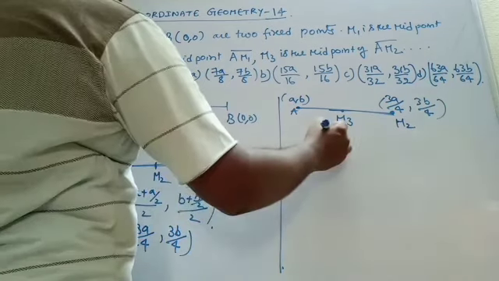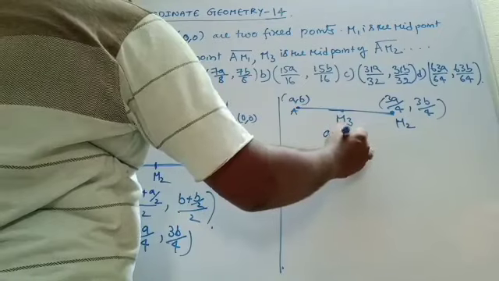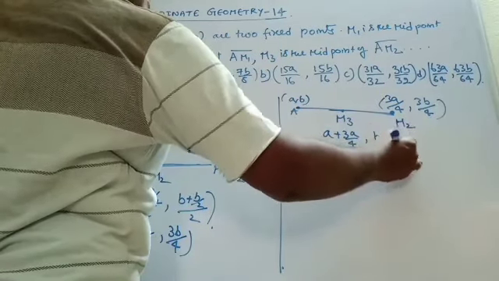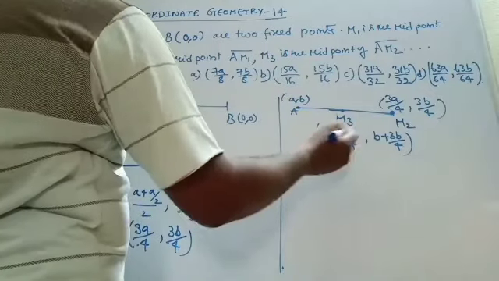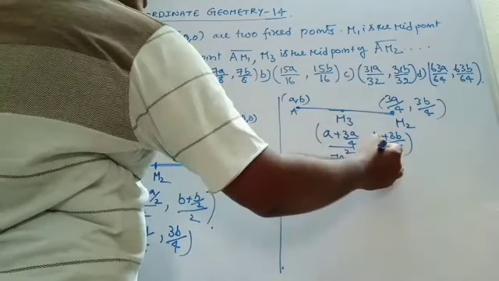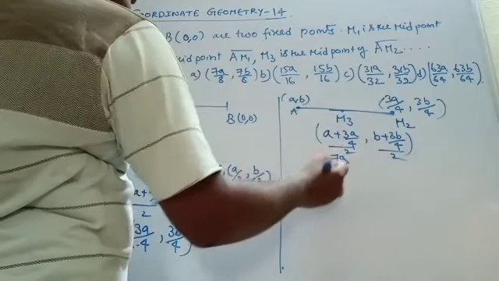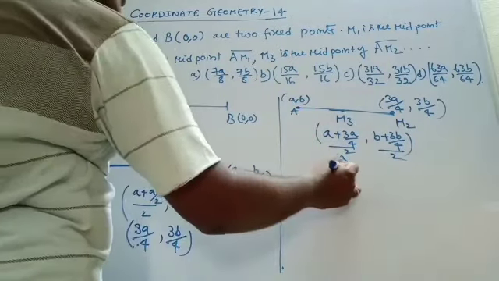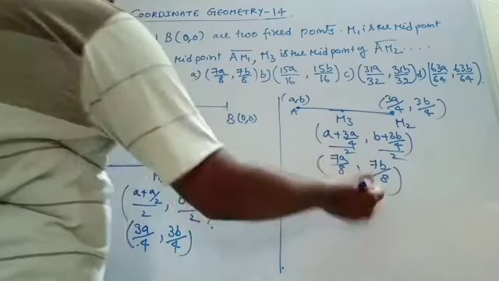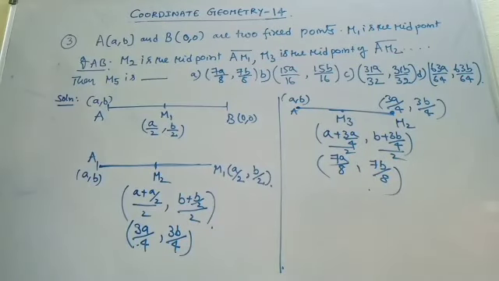Therefore M3 is (a plus 3a by 4, b plus 3b by 4) by 2. If you do that, you get 7 by 4 by 2, so 7a by 8 comma 7b by 8. Now M3 you got.